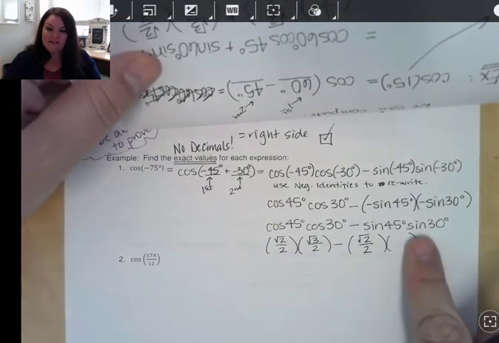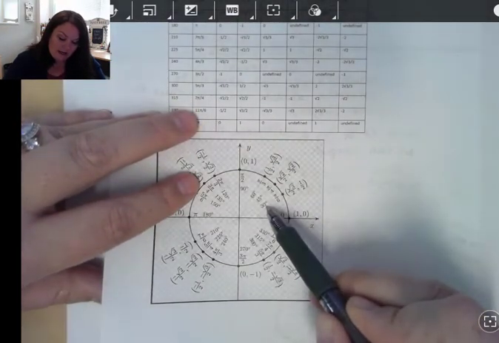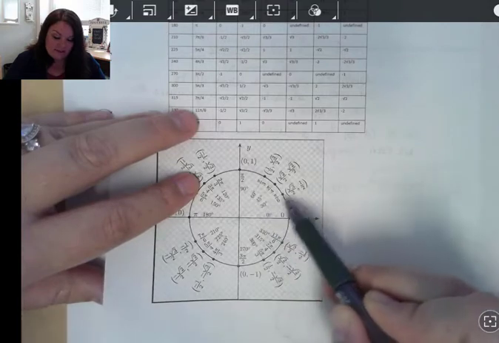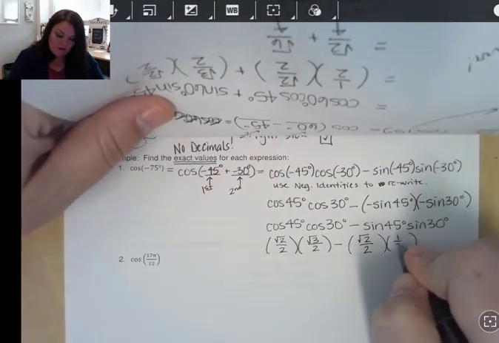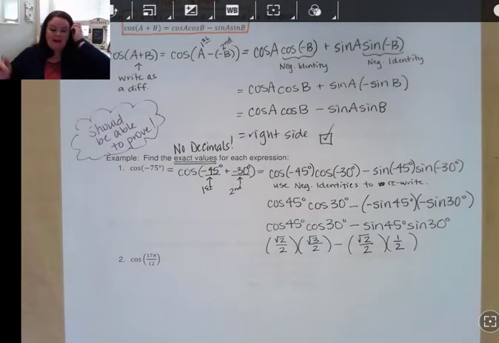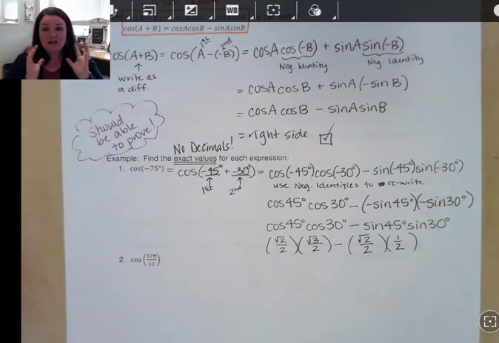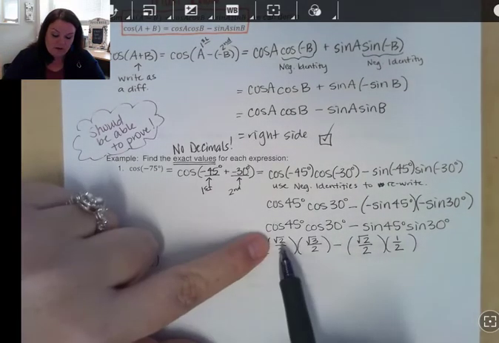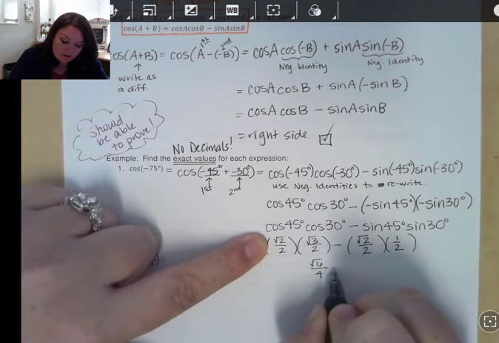And now I need to find sine of 30 degrees. So I go to 30 degrees. I look for my sine value, which is the second coordinate, and that's 1/2. Okay. And now that I have it all written out, I can simplify and write it as one fraction. So square root of 2 times square root of 3 gives me square root of 6 over 4.